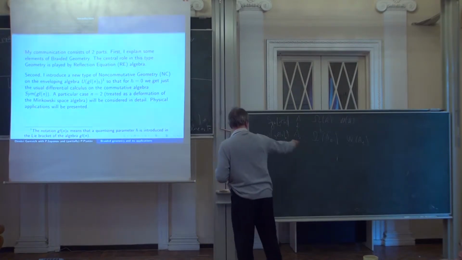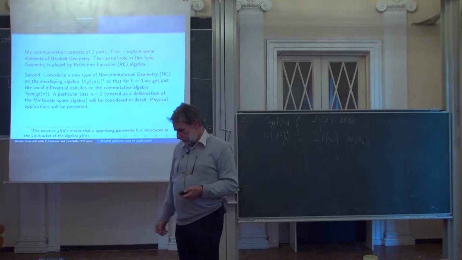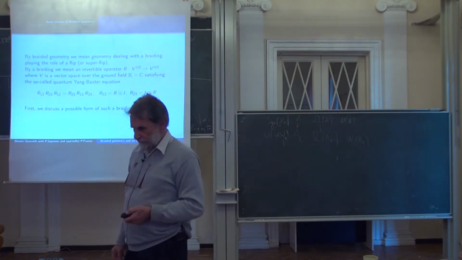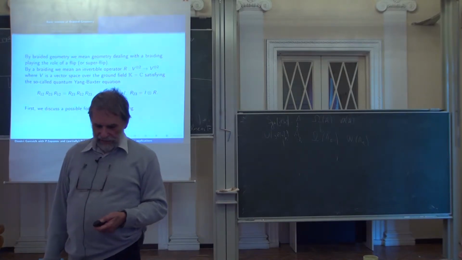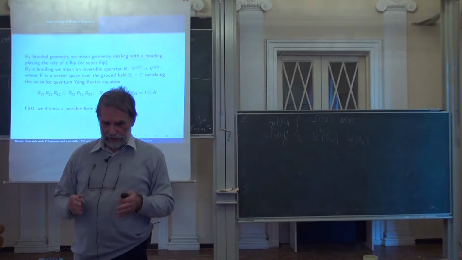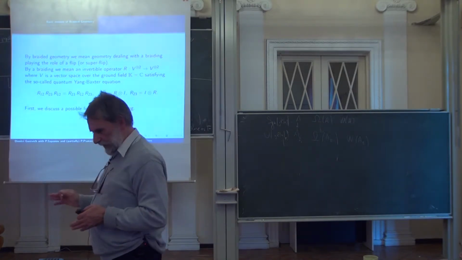And finally, I construct a differential calculus on it, a U-type non-commutative algebra. But the reflection equation is nothing but the algebra. The reflection equation is a special sort of non-commutative algebra related to a braiding. Okay, so I will explain a little bit.